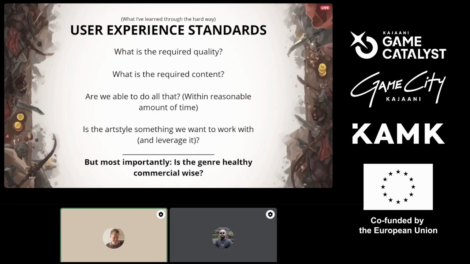Is the art style something we want to work with or leverage, as an example? Because genres tend to have different kinds of art styles or, let's say, at least art quality that is required from those games, and people expect that.